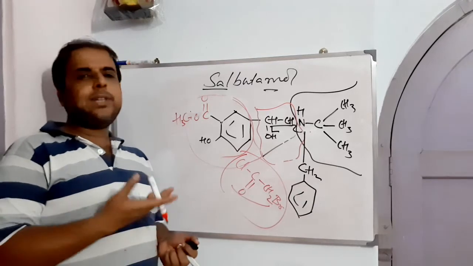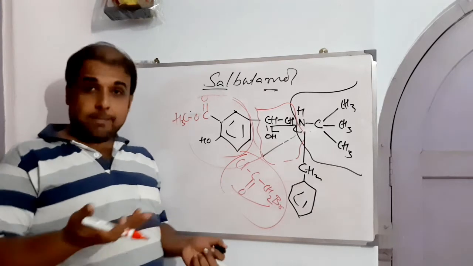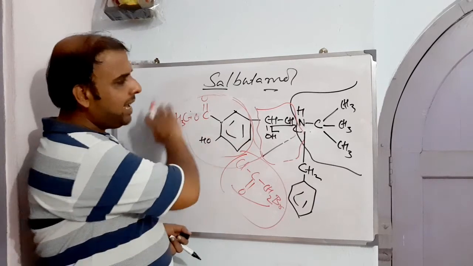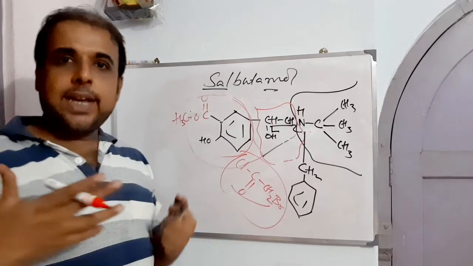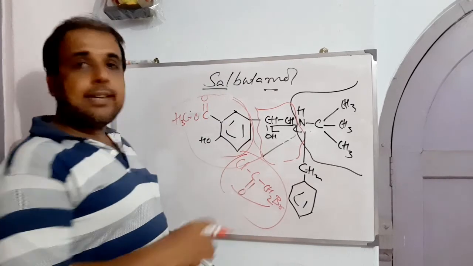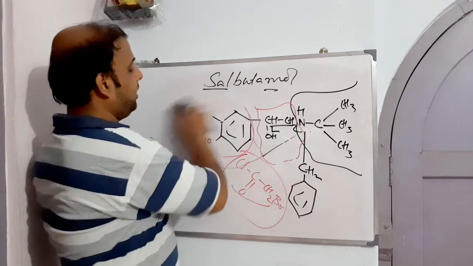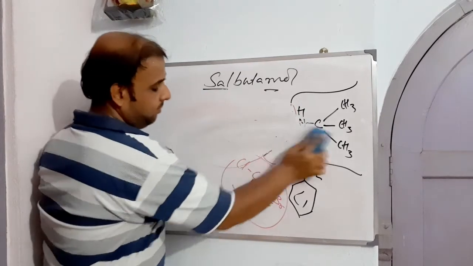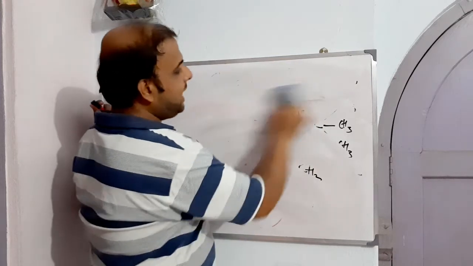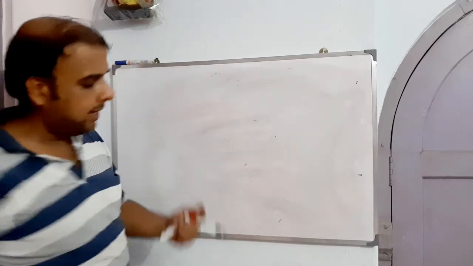The reducing agents here are lithium aluminum hydride and sodium borohydride, NaBH4. So now we have the various significant reagents likely to be incorporated in making salbutamol. Now we'll see one after another how and in which state they will be brought. So first we'll bring the methyl salicylate.